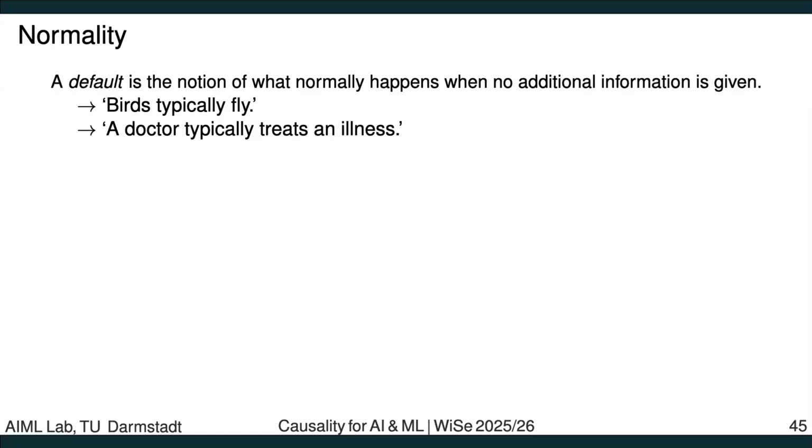Of course there are exceptions, but without actual evidence that I observe a penguin or whatever, I would usually by default assume that birds fly. And this can also be related to attribution or blame and so on. So a doctor typically, because it's their job, treats an illness. And I would be surprised, at least if they didn't try or didn't manage, at least for common diseases, maybe.